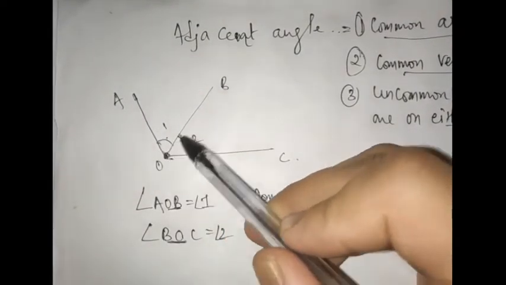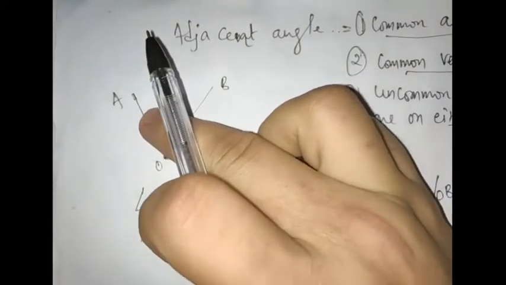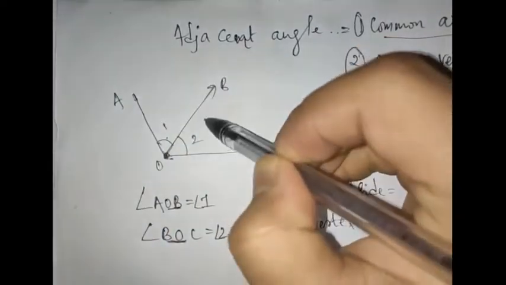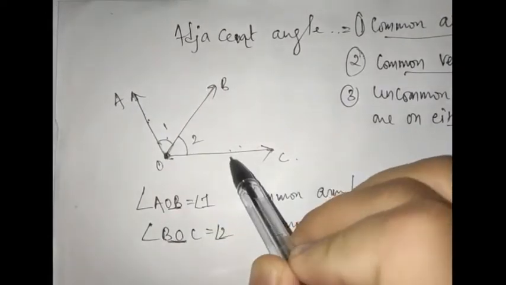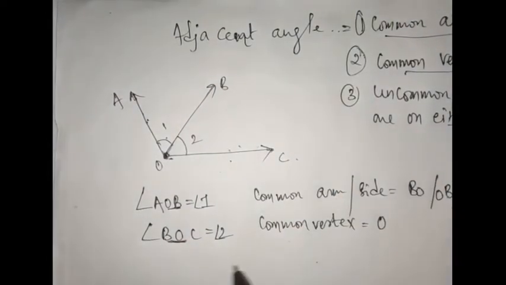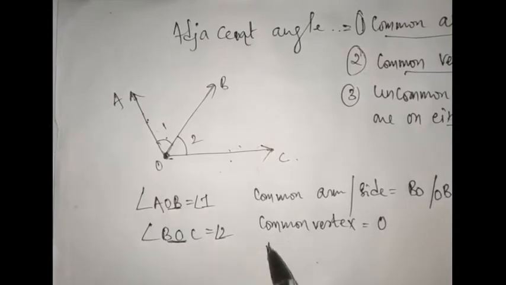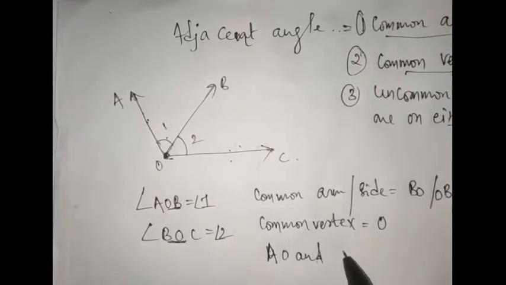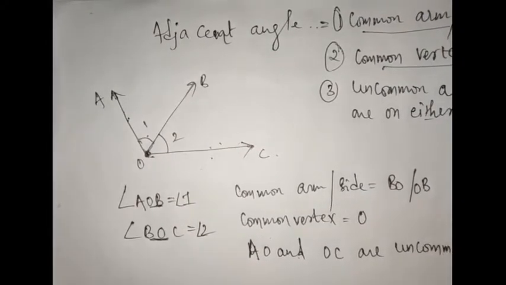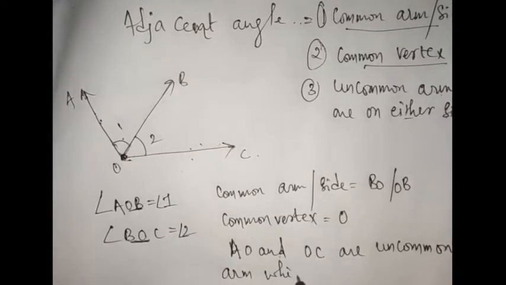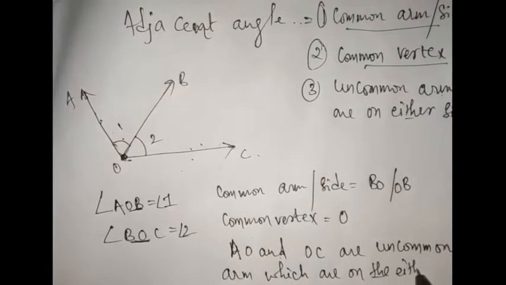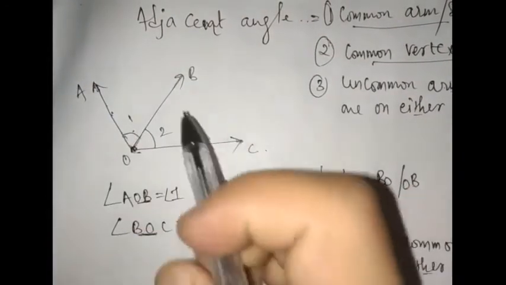Just see, this is your common arm OB, and these are the uncommon arms, so they are on either side, the other side. AO and OC are uncommon arms which are on either side: this arm is on one side, and OC is on the other side.